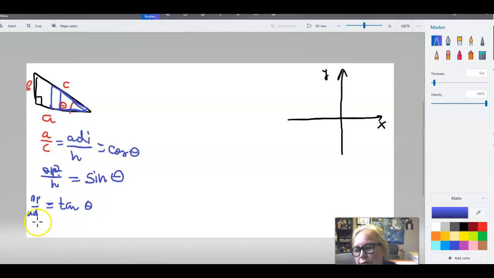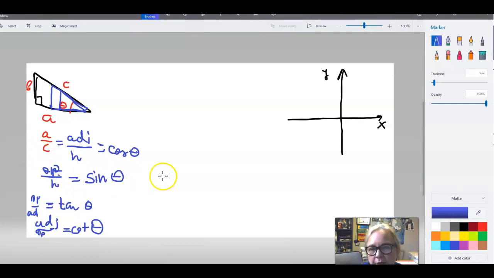And the ratio of the adjacent leg to the opposite leg we call cotangent theta. Also, there are two more. The reciprocal of cosine, C over A, is secant, and the reciprocal of the sine is cosecant.